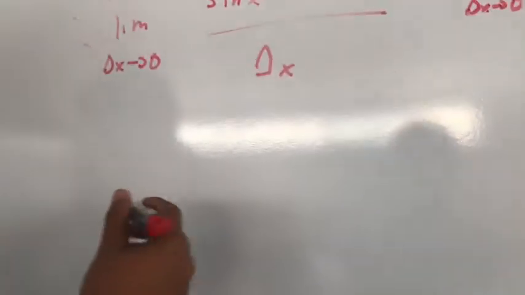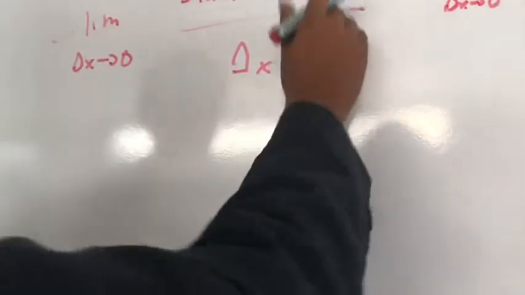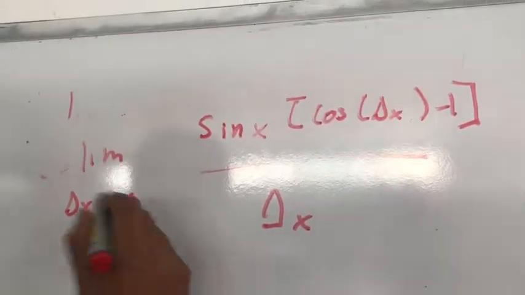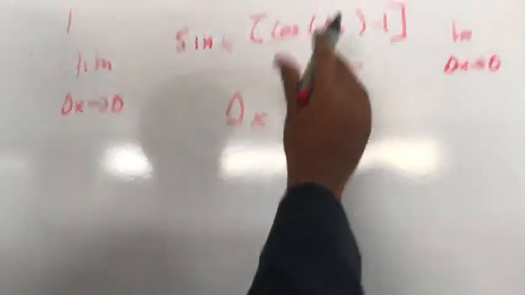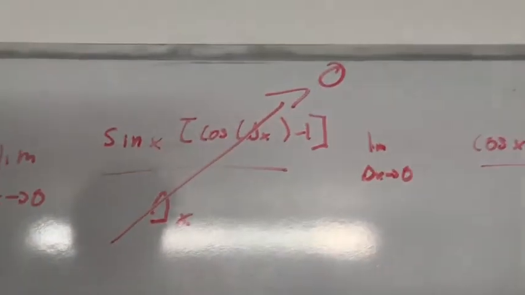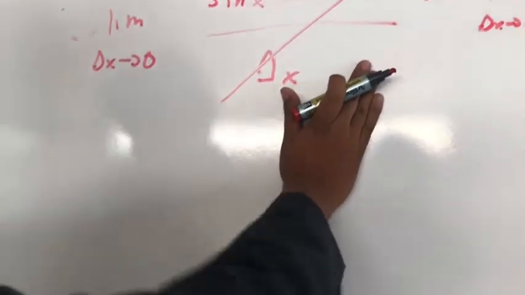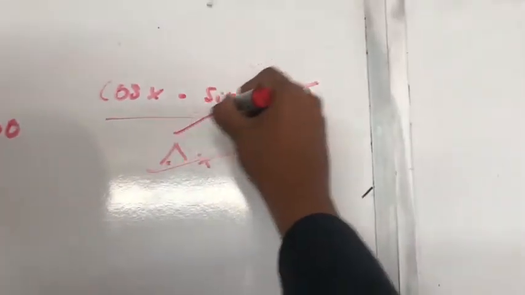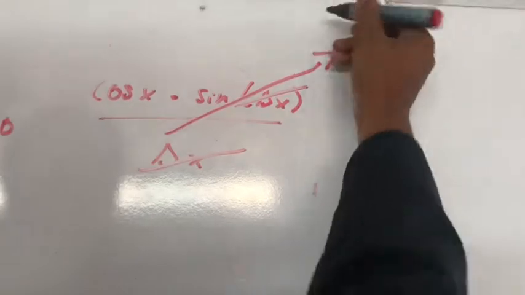So it is mentioned that delta x is almost equal to 0. If we multiply by delta x, it will lead us to 0. So this operation is equal to 0. And in this case, we can cancel both, and it will lead us to this operation being also valued as 1.